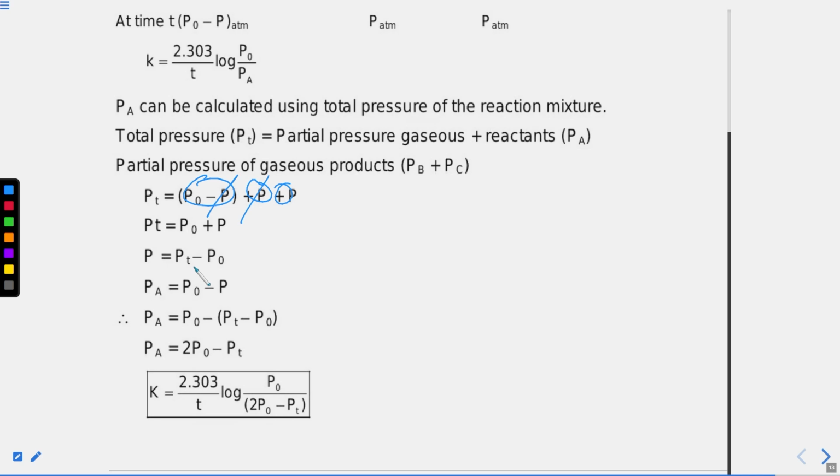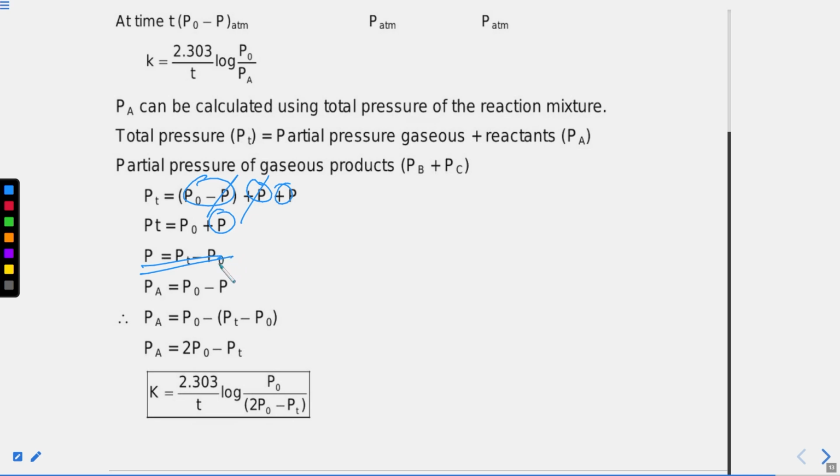What we have done is we have calculated the pressure p here. We have not modified anything. So p equals PT minus P naught. Okay, so we got this p.